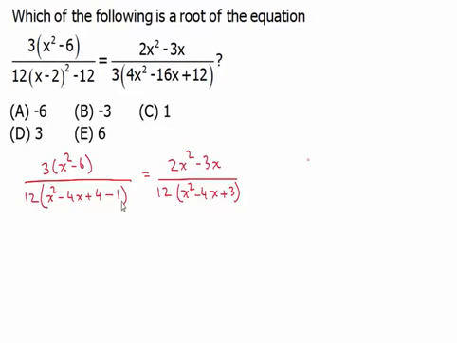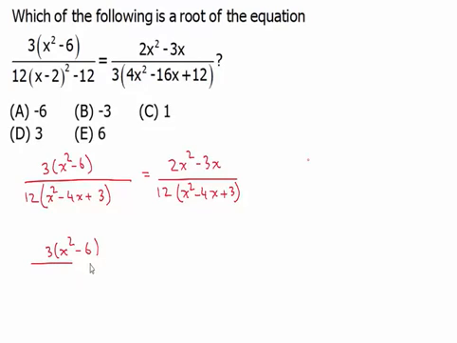So let's change this side. Let's get rid of the 4 minus 1 and write a 3 there. The two denominators being equal will eventually cancel out. But before that, let's just factorize the denominators. On the top, we have 3 times x squared minus 6.